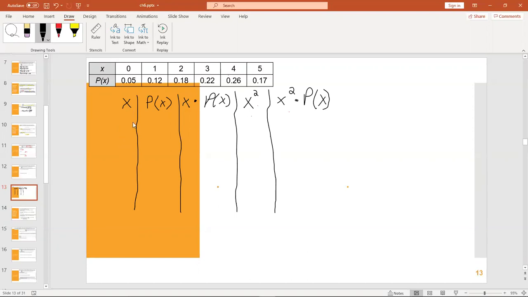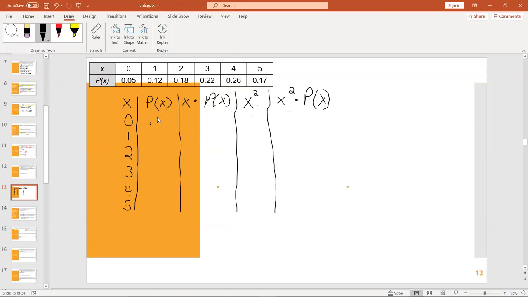All right, so what are the x's? We've got 0, 1, 2, 3, 4, and 5. What do we have for the p of x's?